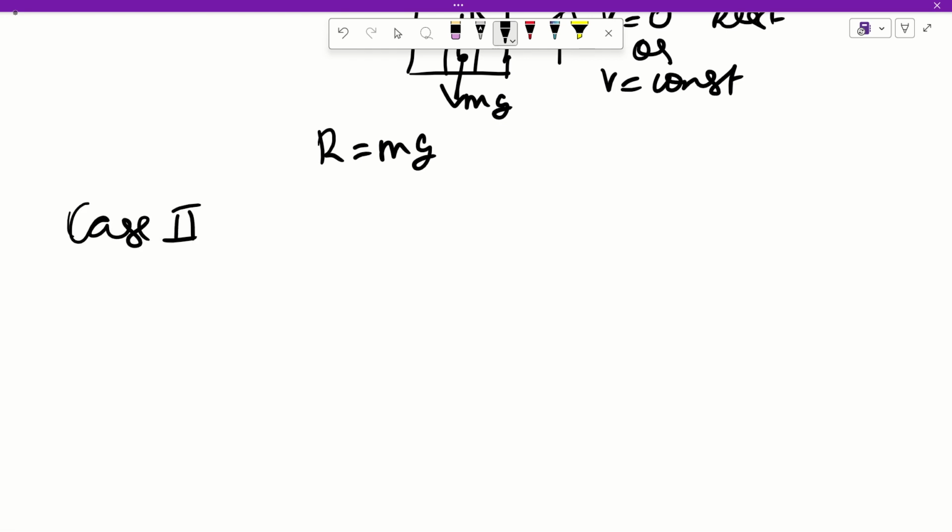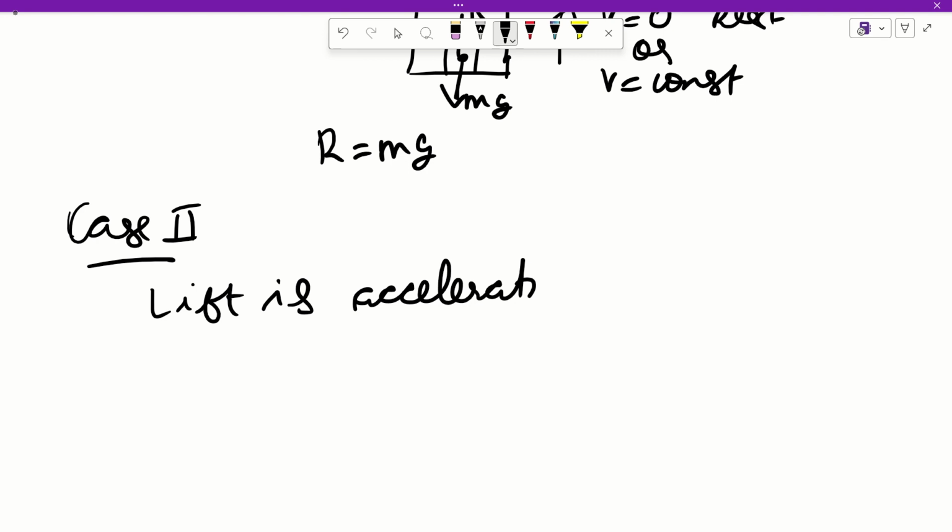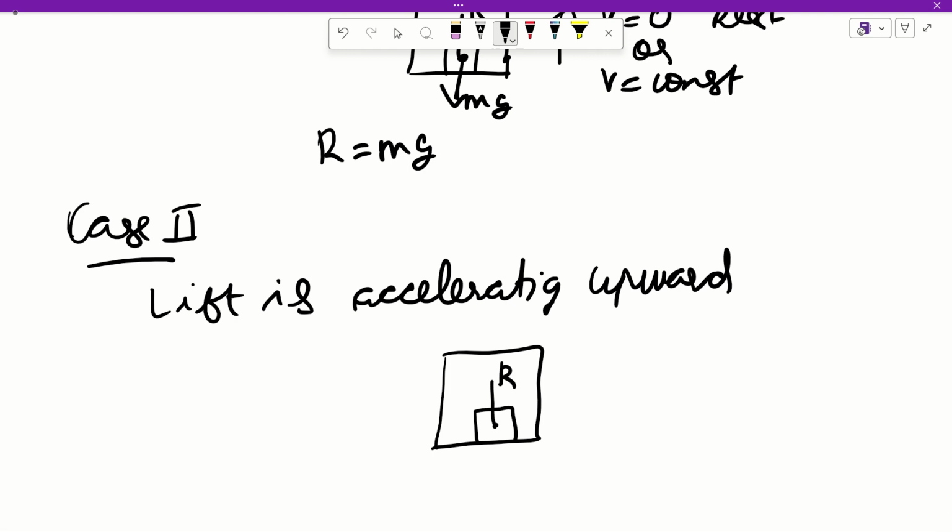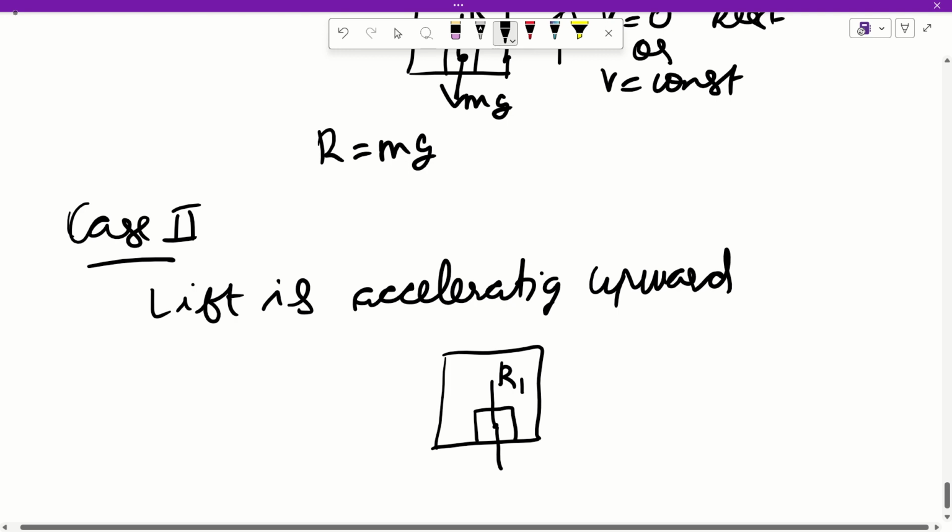Case 2 is when the lift is accelerating upward. The figure will be like this. This will be the lift, this will be the particle, this will be the apparent weight, which I'm denoting R1, and this will be the actual weight mg.